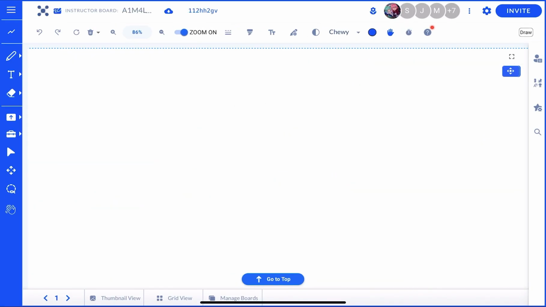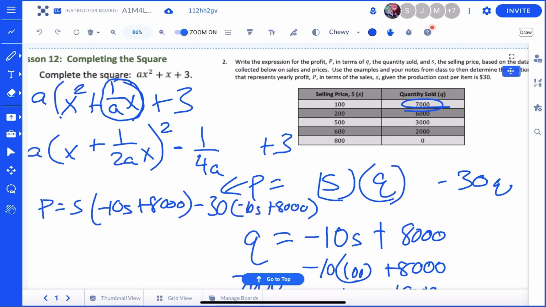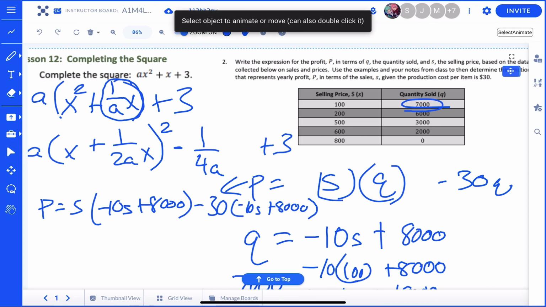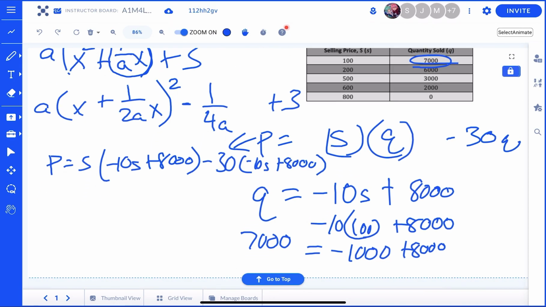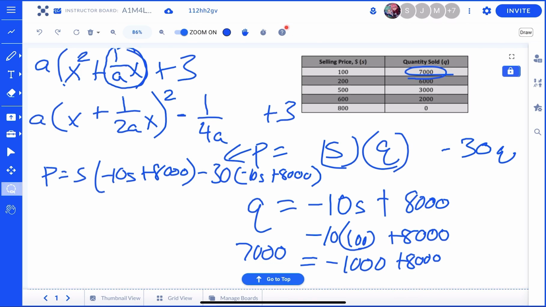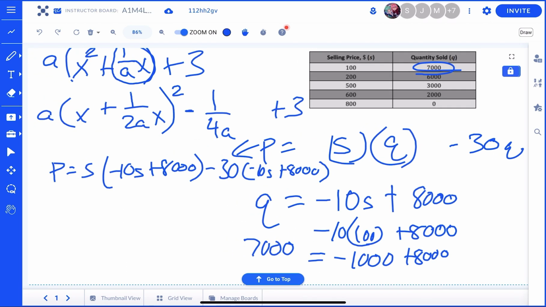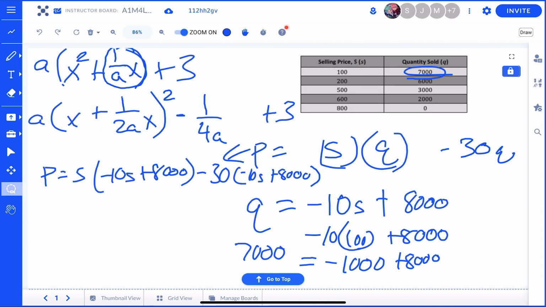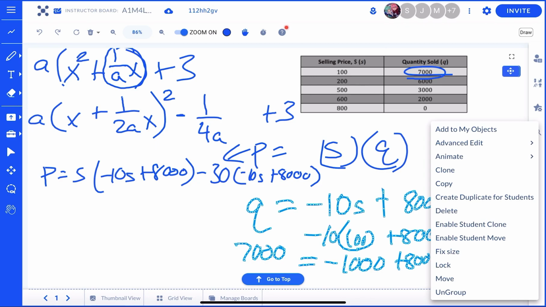Let me try and do something fancy right here and see if I can do this. Probably not, but I'll scroll up. And let's see if I can just move this. I'll move all of that.